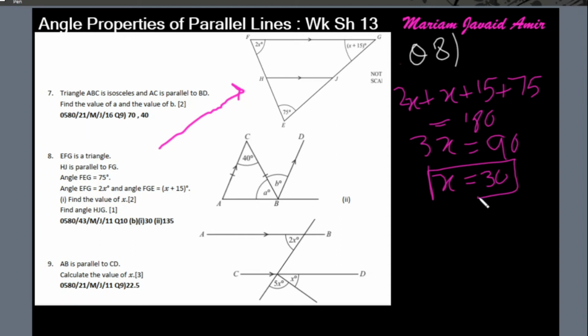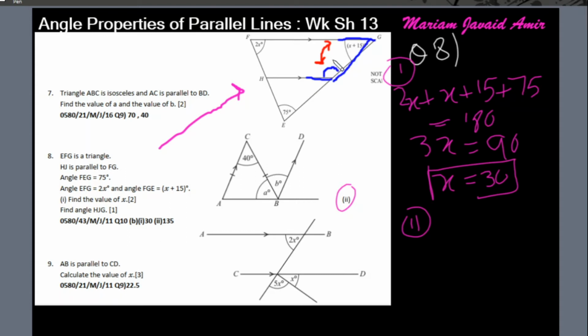This was part 1, and part 2 is to find angle HJG. We need this angle. If we have two parallel lines being cut by a transversal, then these two angles are the interior angles, and interior angles sum up to 180.